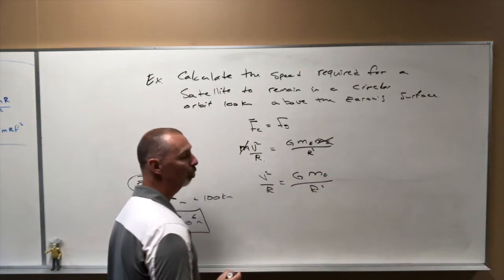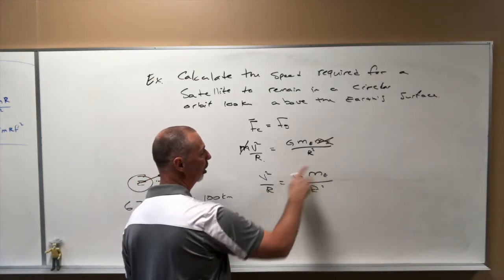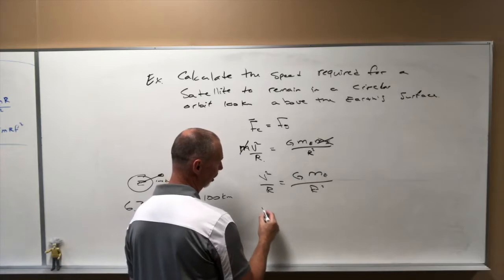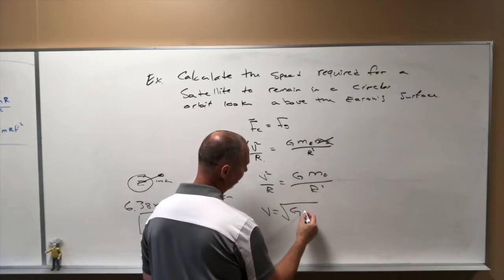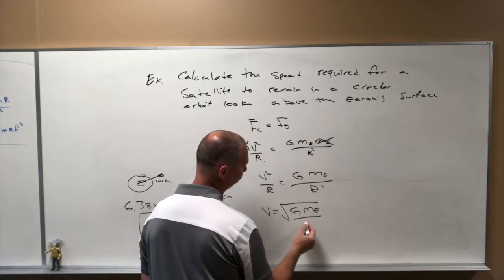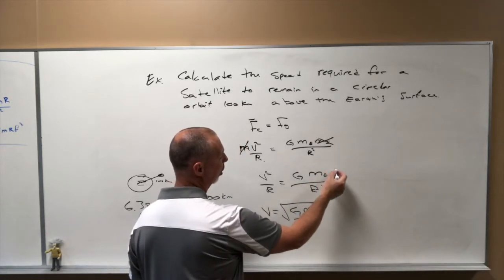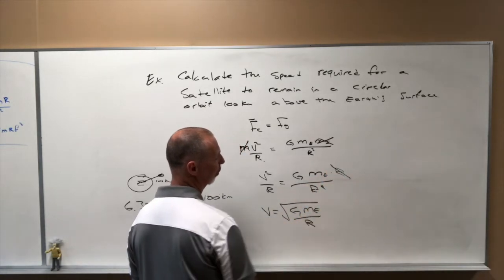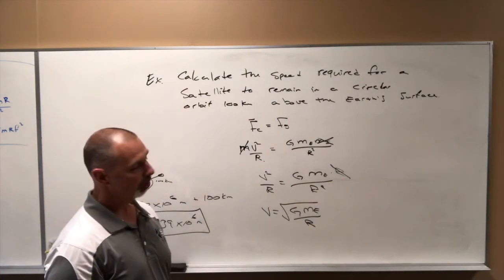We can continue to simplify by multiplying this r into the numerator and taking the square root. It's going to give us v equals the square root of G times the mass of the Earth over r. Right, when I multiply this r up top here, it's going to cancel with one of those. All right, so this becomes the formula.